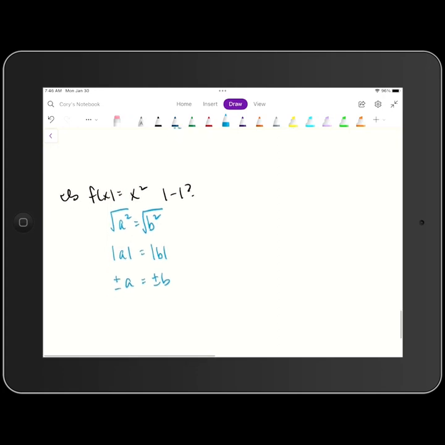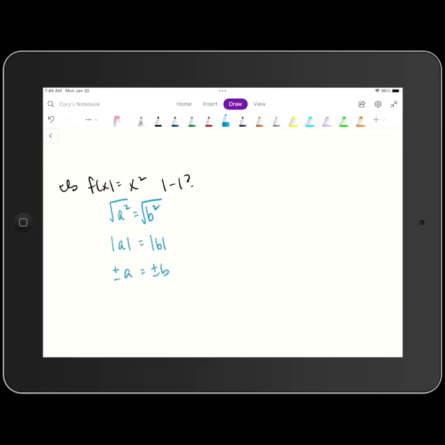What it doesn't give us is that a is equal to b. So this here is not one-to-one. And the reason that it's not one-to-one is it is possible that a is equal to plus or minus b and negative a is equal to plus or minus b. It can be where a is equal to b, but it's also possible where a is equal to negative b as well.